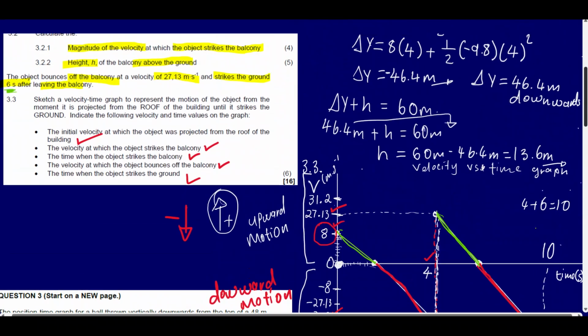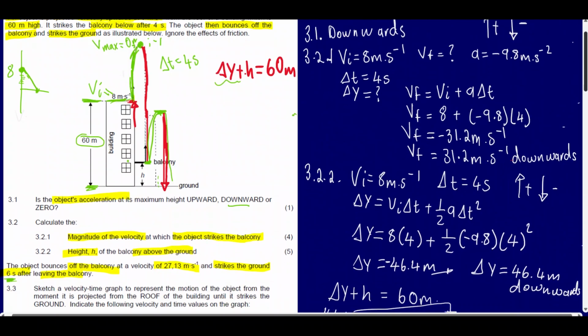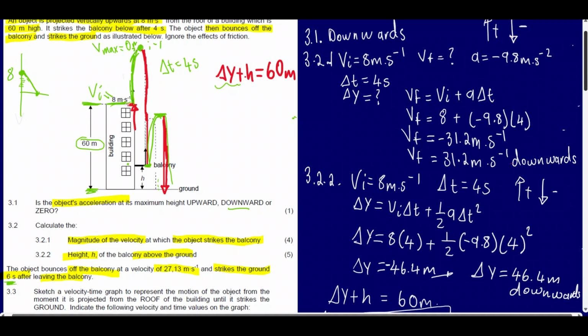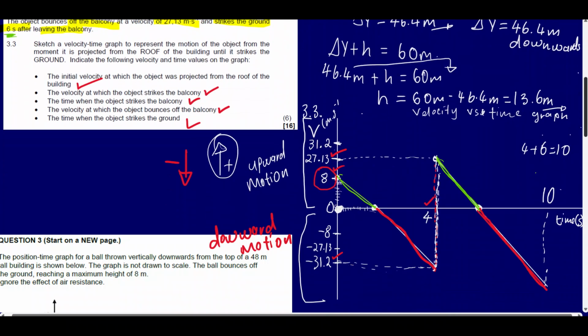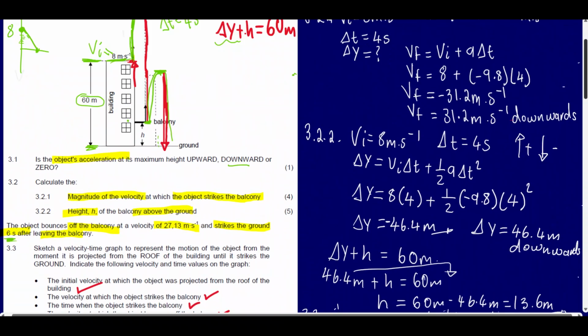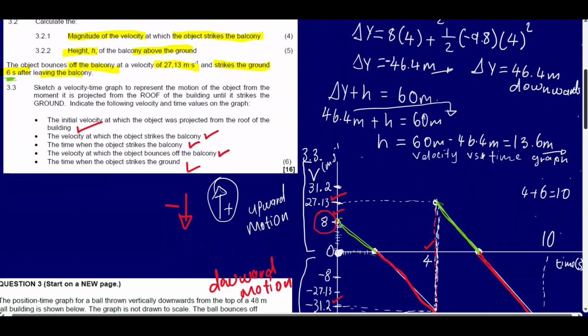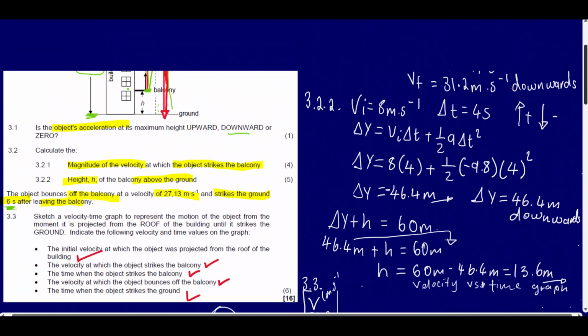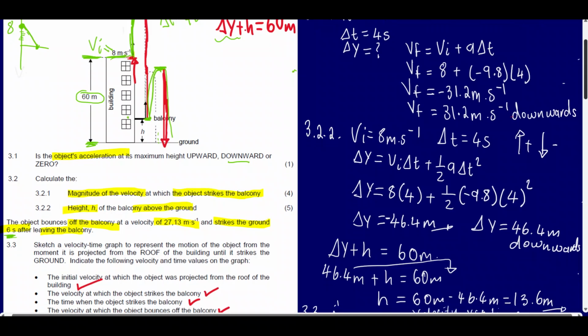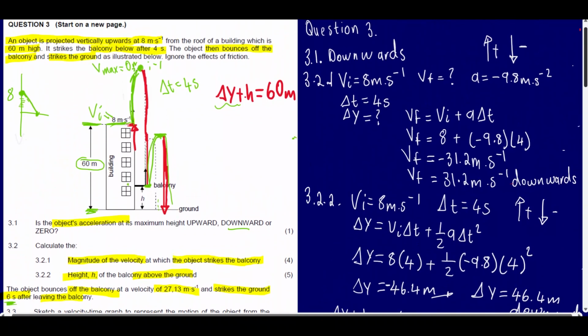So we are usually guided as we draw the graphs. You will see in the last picture that we've got two green parts showing the object going up, and two red parts showing the object going down, also here on the graph.